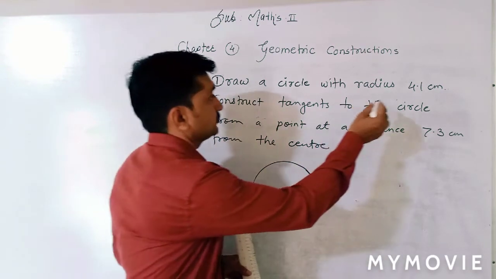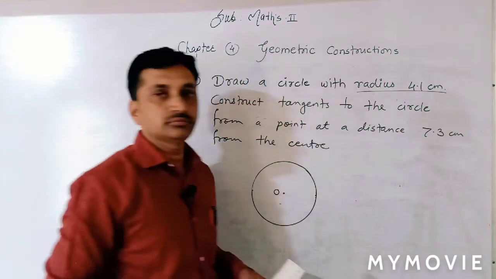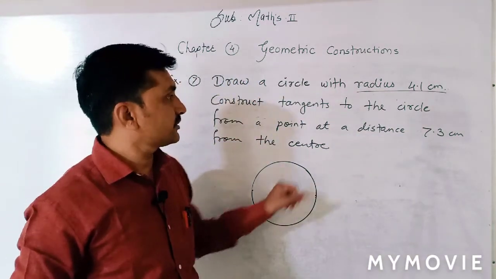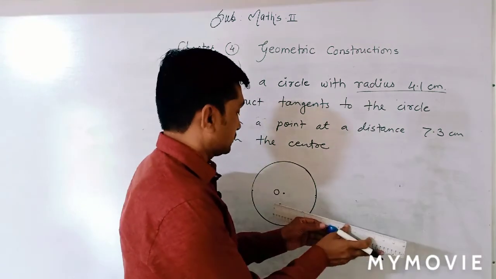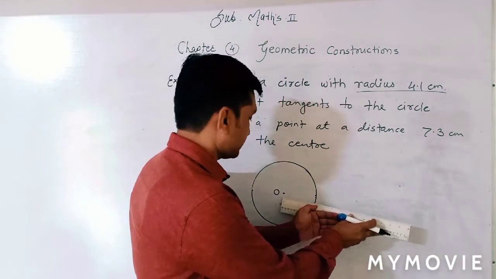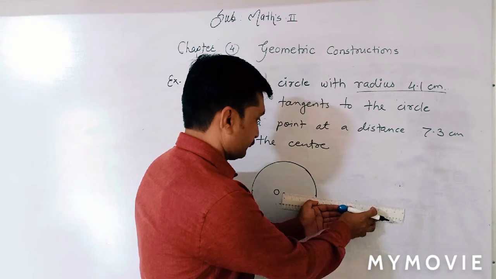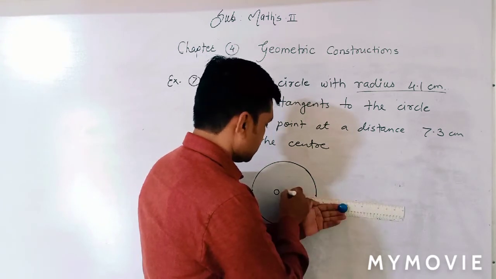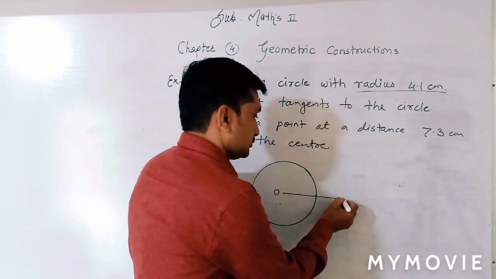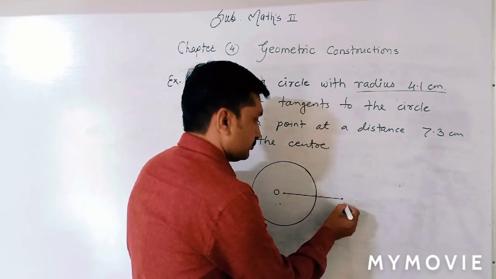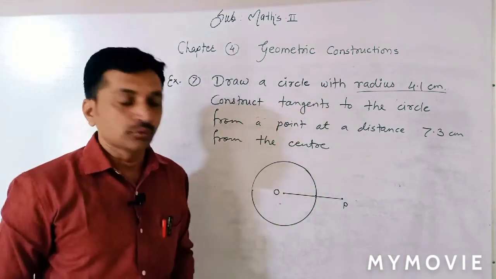Now here the circle is drawn with center O and radius 4.1 centimeter. The point outside the circle is at 7.3. Therefore from the center draw a segment of 7.3 centimeter, and here I write point P.